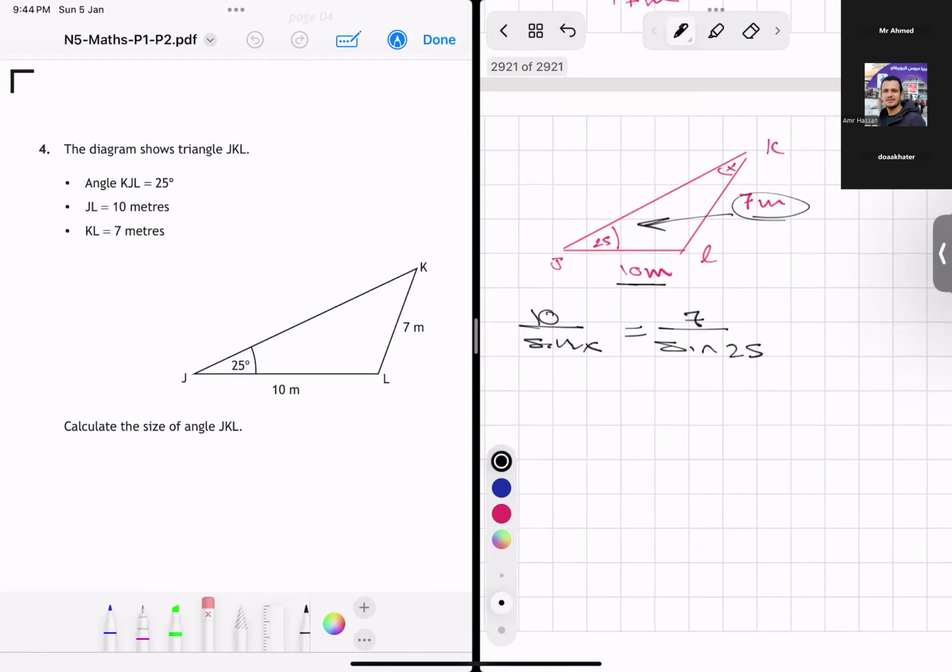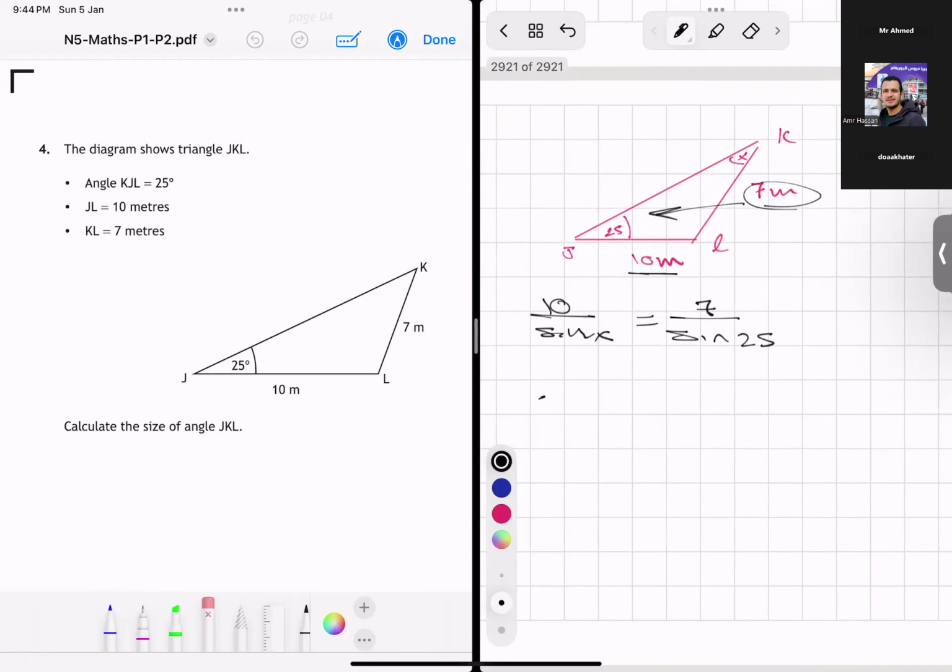If you want to get sine X, how could I figure out sine X? X equals 10 times 25 divided by 7. Yeah, right.